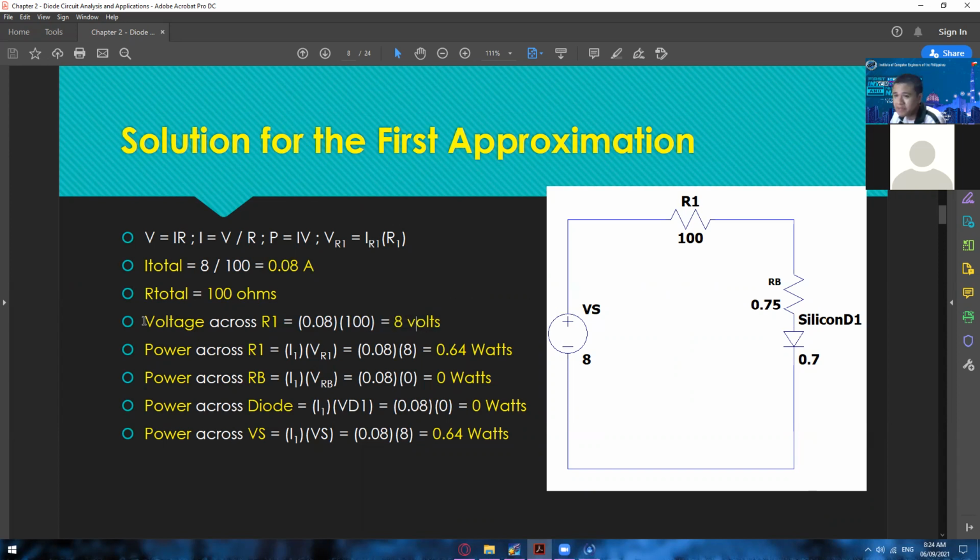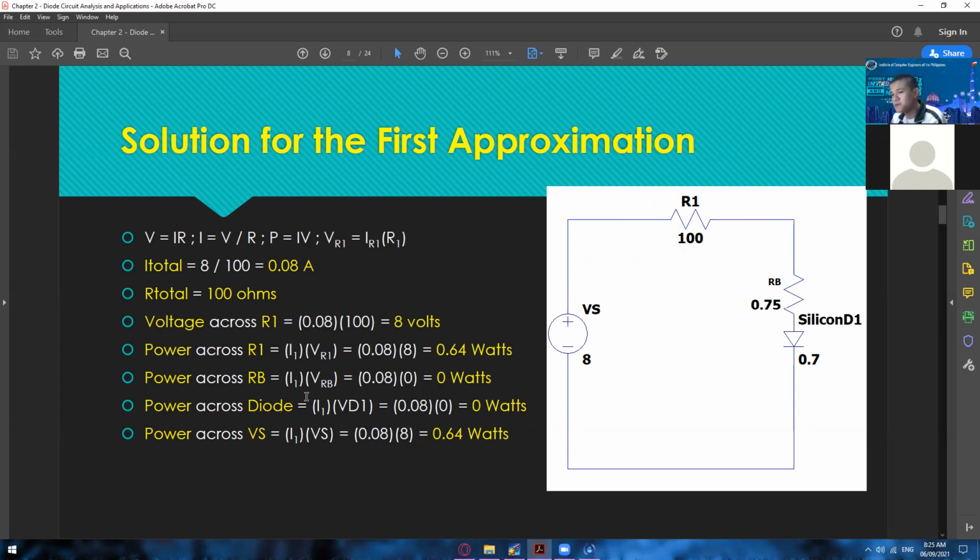But even without this formula, you can just take a look at the circuit itself, because this is a series connection, so of course the voltage across this diode branch is 8 volts. No other voltage will flow in here. For the power across R1, use P equal to I times V. So I1 times VR1, 0.08 times 8, we'll get 0.64 watts.